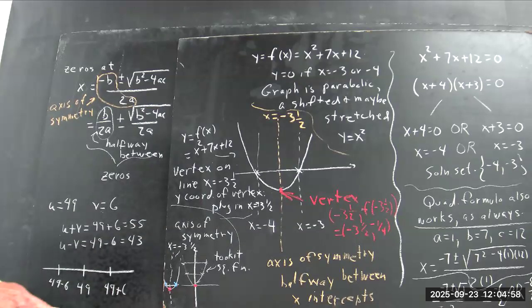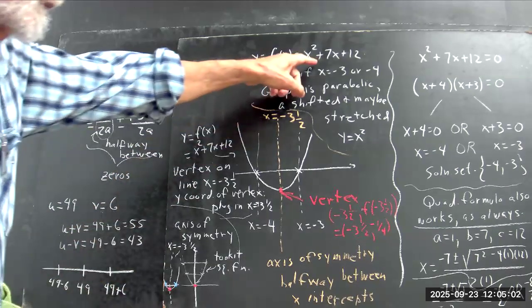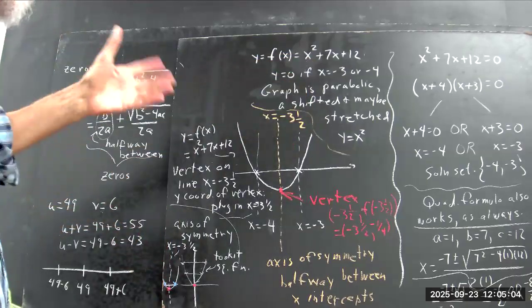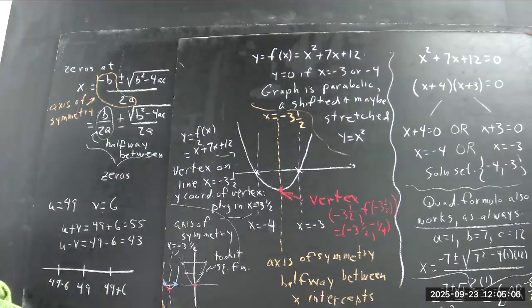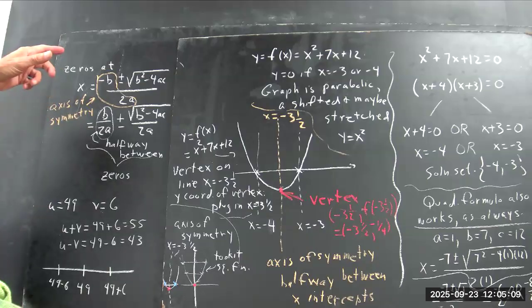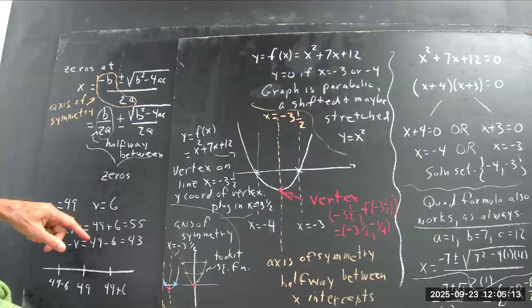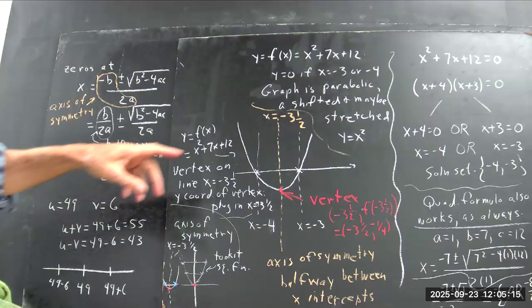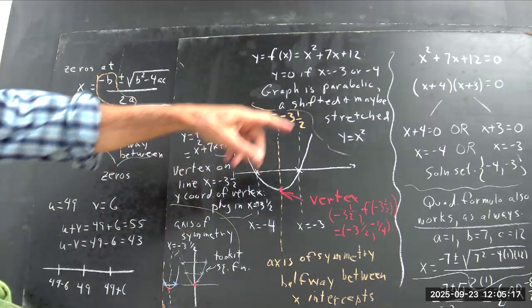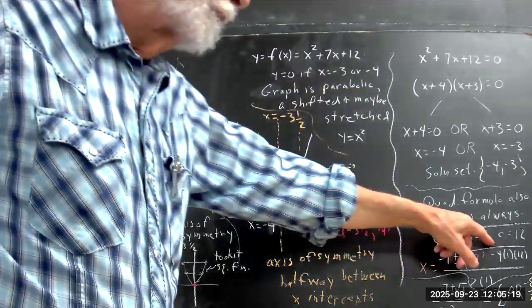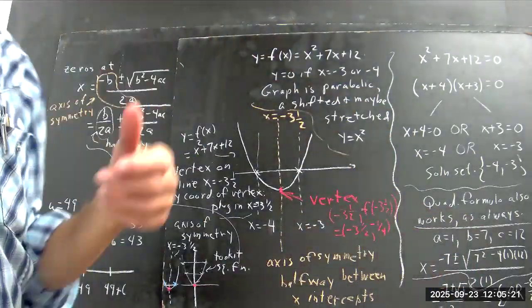Now let me go back over that. We look at this function and write out the quadratic formula. That's going to give us the zeros. I wrote out the quadratic formula over here.